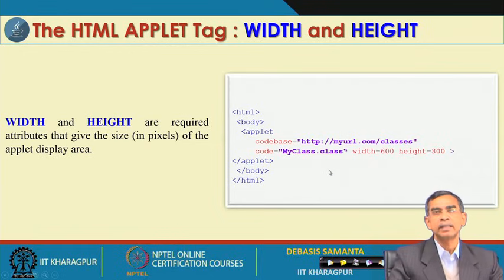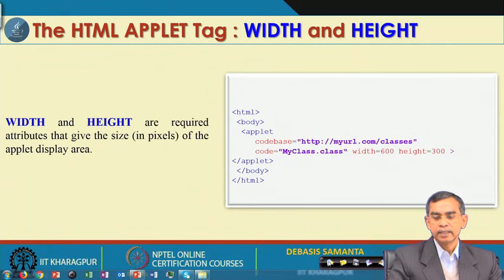It appears as a living thing for the browser. In that case we can specify the width and height, how much space of your total display area it will take to display your applet. So, width and height are essential parameters.